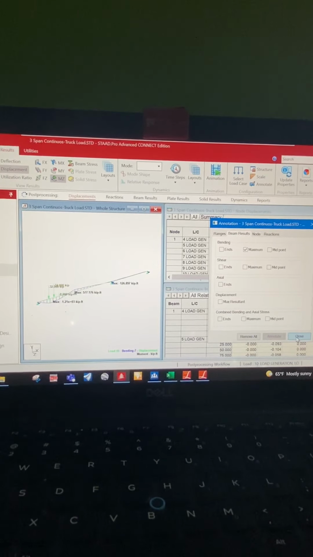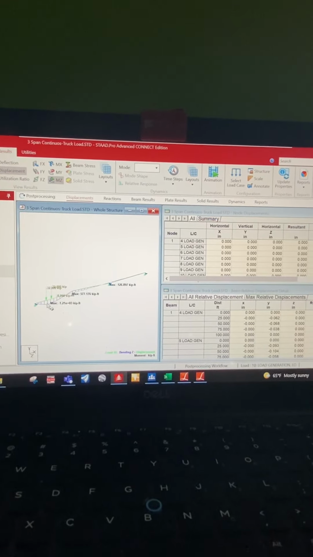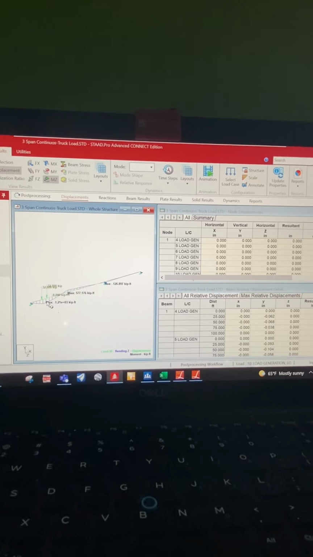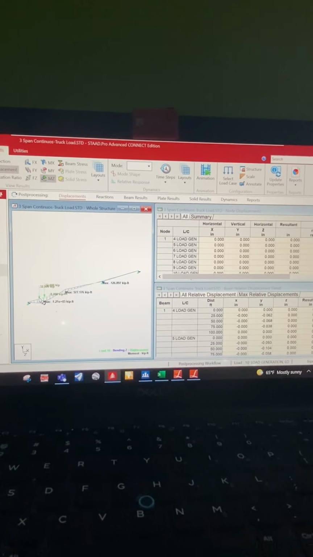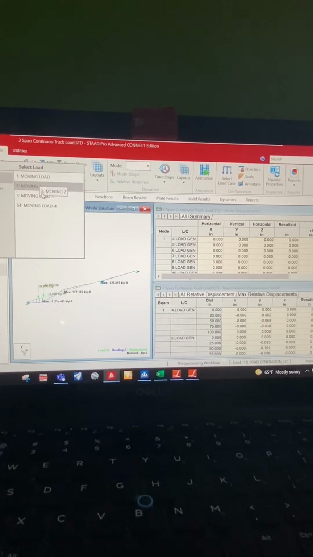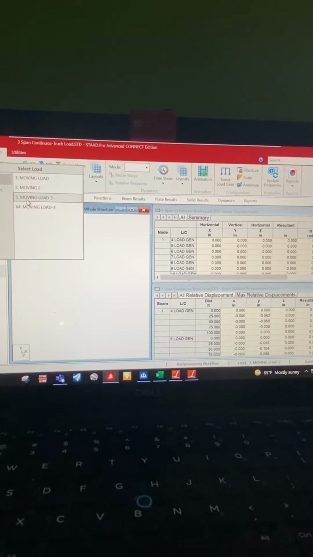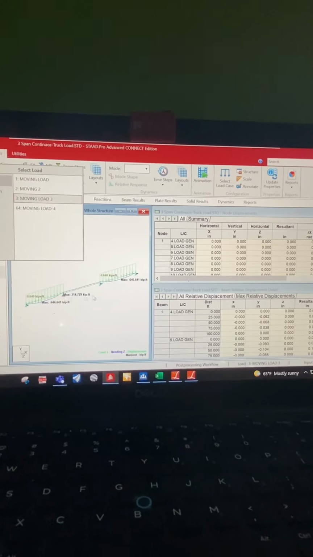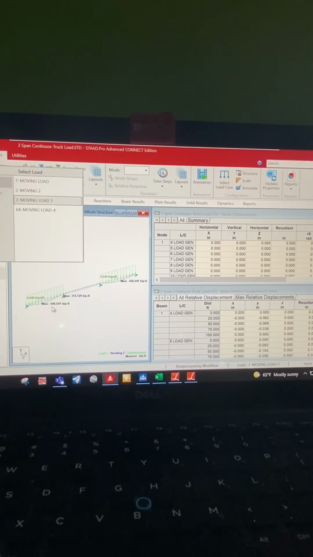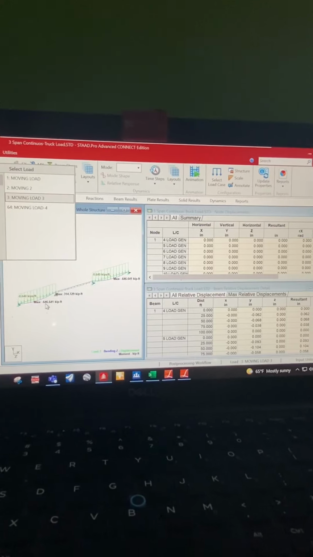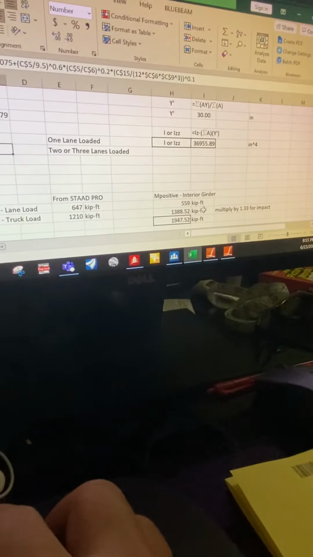1,210 kip feet. We have to multiply this by 33% for the dynamic load allowance. We add this to the lane load, which is this lane load right here, 646.